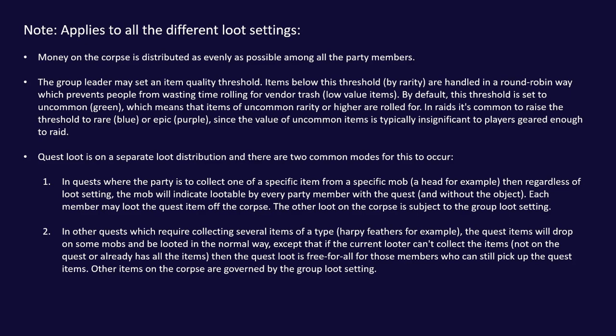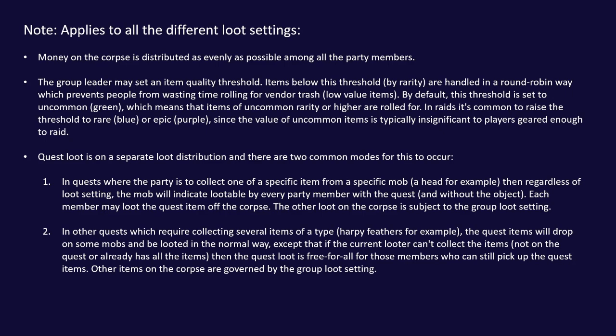Quest loot is on a separate loot distribution, and there are 2 different modes for quest loot. One is where you have to collect a specific item from a mob. The typical example is to collect the head of a certain named mob. In that case, regardless of the loot setting, the mob will be lootable by every group member who has the quest and doesn't already have that object.